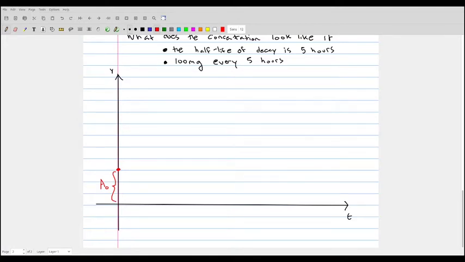And then at this initial concentration, as time goes on, the drug decays exponentially until it reaches this point right here, which is 5 hours, because that's the half-life of the drug.